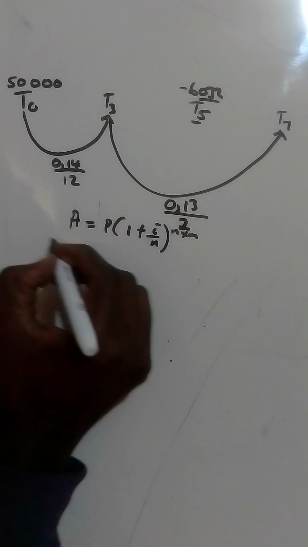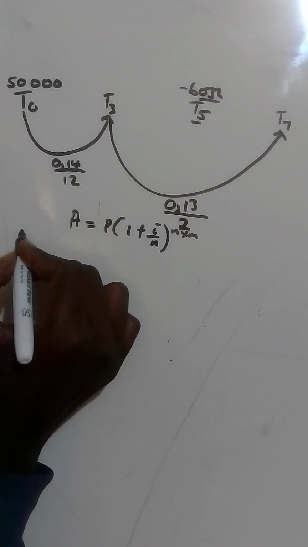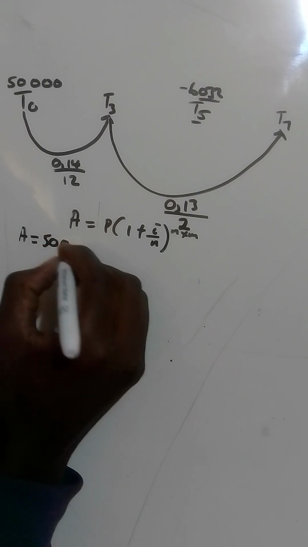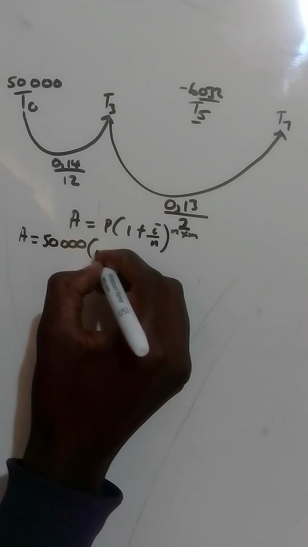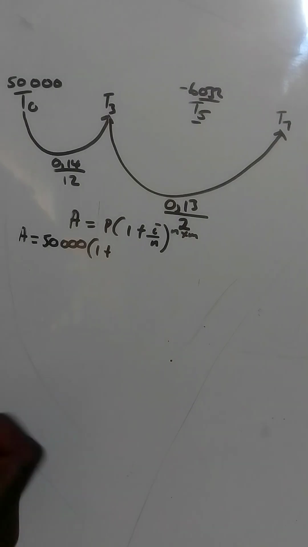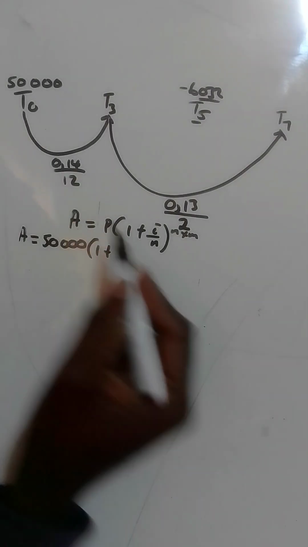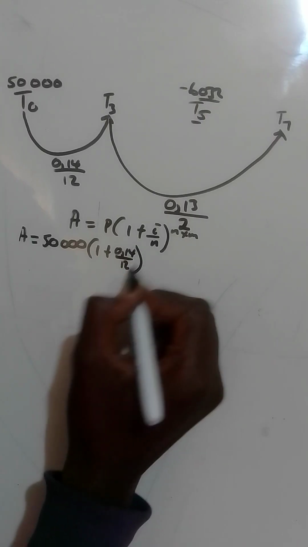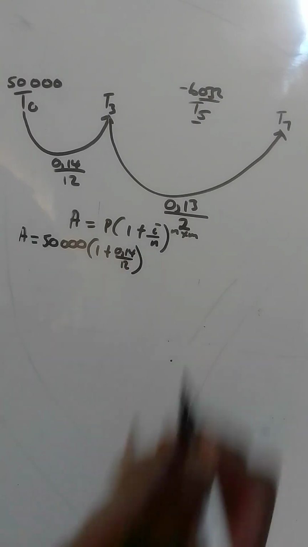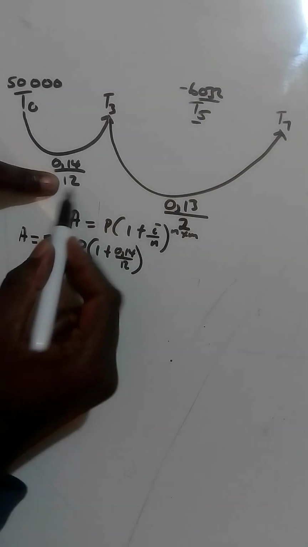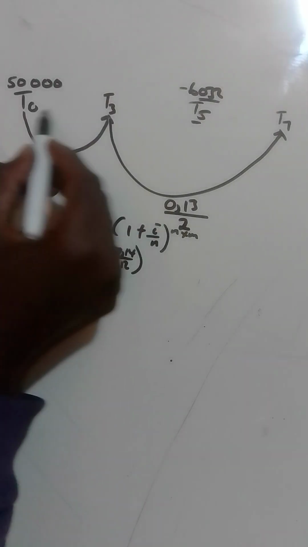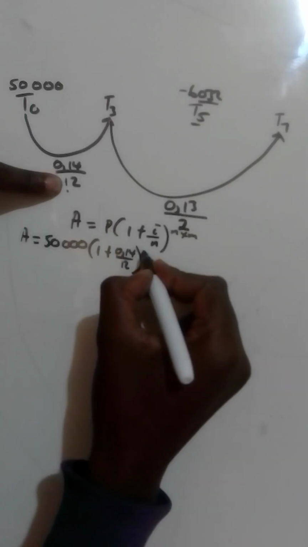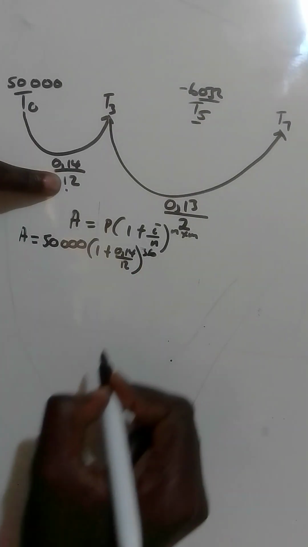So now I say A here is equal to the 50,000 rands which was initially deposited, open bracket 1 plus the interest rate for the first 3 years, 0.14 over 12, to the power, remember I must put the compounding period multiplied by the time, which is 3 years. So 12 times 3, on the previous question we found out it was 36. So we say to the power 36.